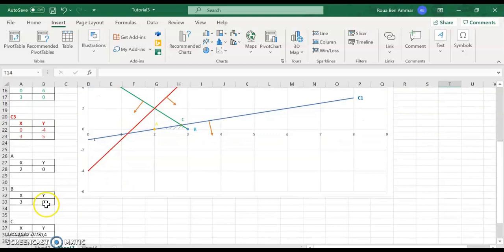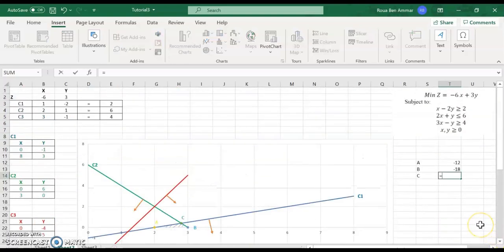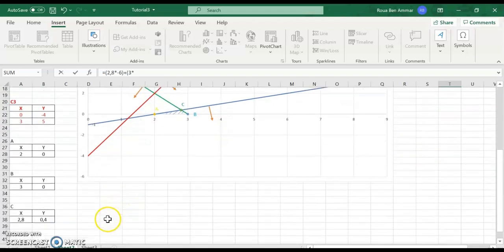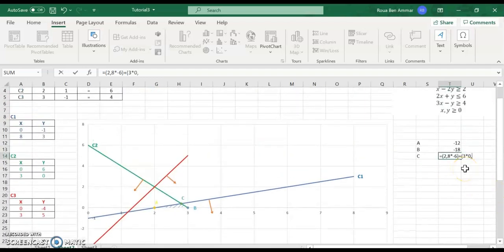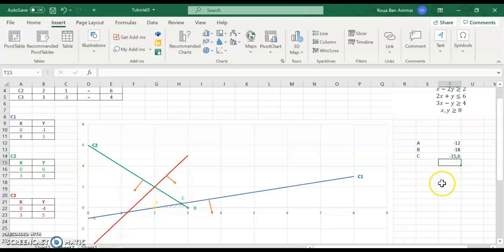For point C, it's equal to 2.8 multiplied by -6 plus 3 multiplied by 0.4. And of course, the smallest of these objective values is this one, -18.